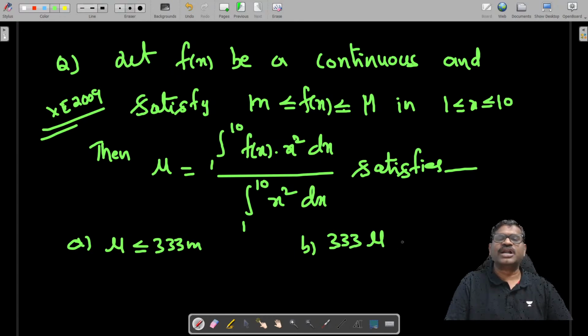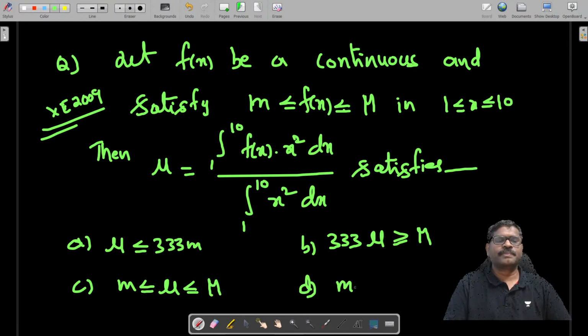Option B, 333 mu greater than or equal to capital M. Option C, small m less than or equal to mu less than or equal to capital M. Option D, small m less than or equal to mu less than or equal to capital M by 333.